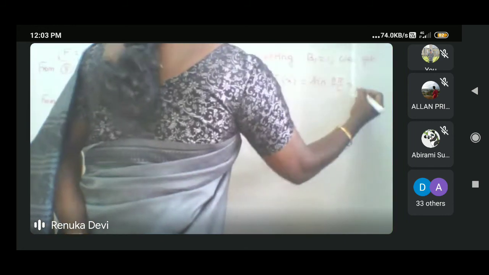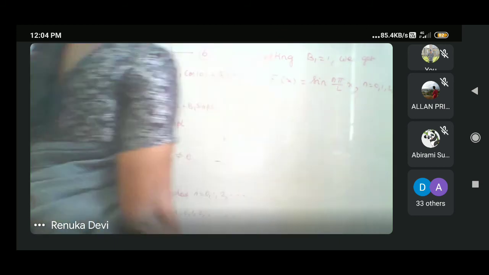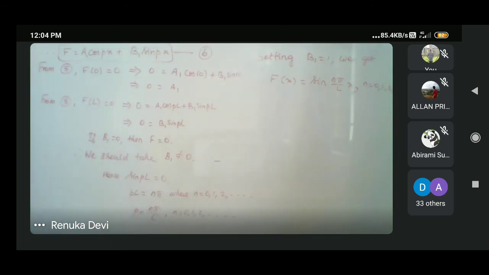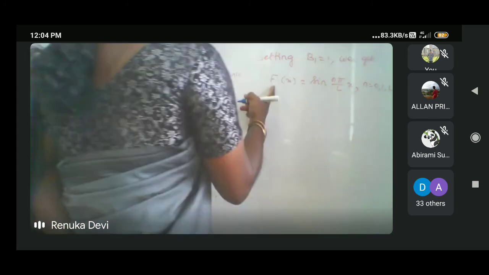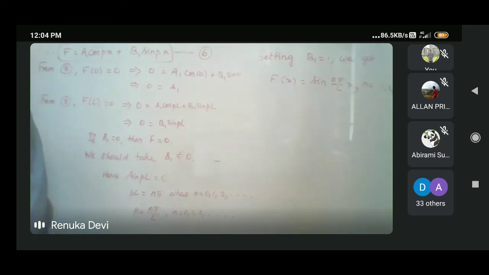But what is our n? n equals 0, 1, 2 and so on. But f equal to 0 is not of interest, so I omit the 0 also, where n equals 1, 2, 3, etc.